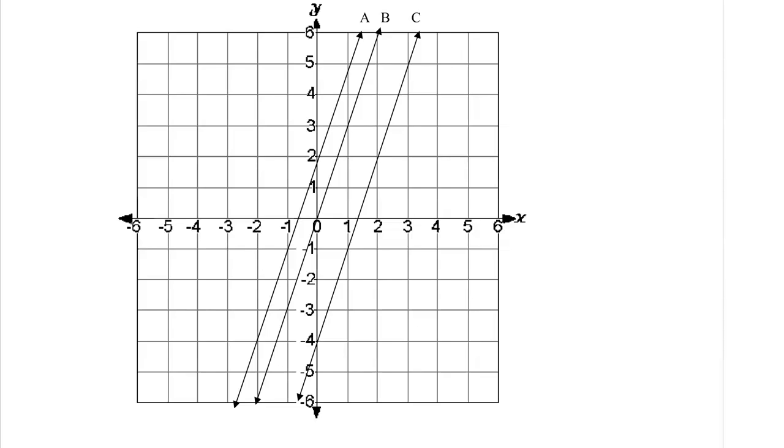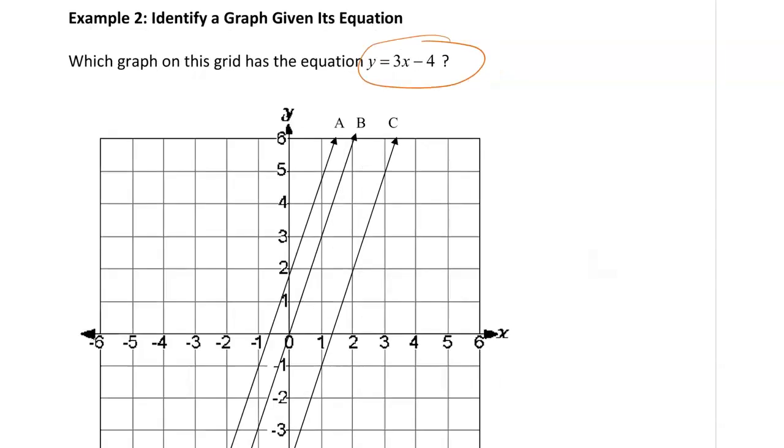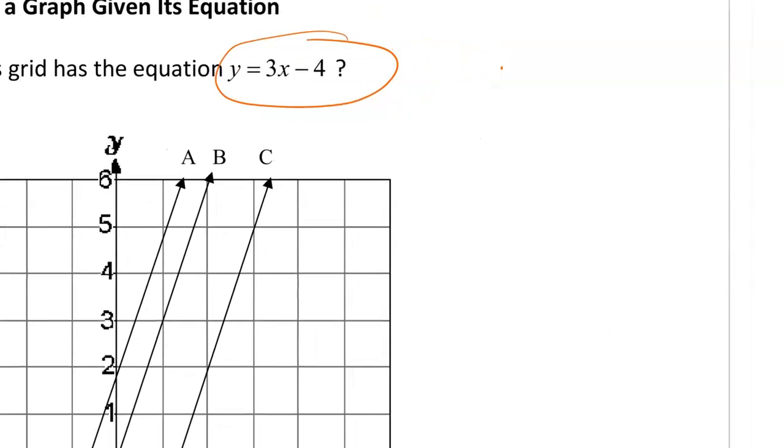So that means if we choose a value for x, we'll be able to determine based off of what the y value is, which line it is that we're talking about. So the formula that we're looking at was y equals 3x subtract 4.